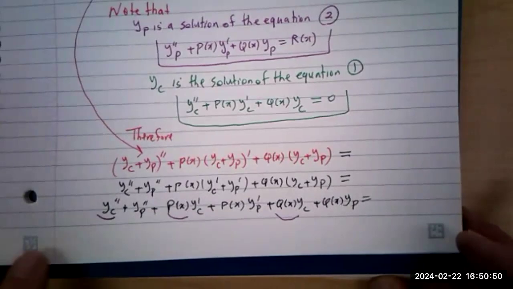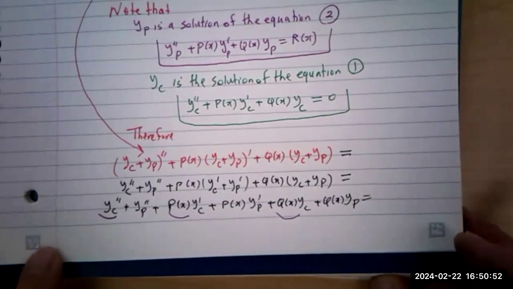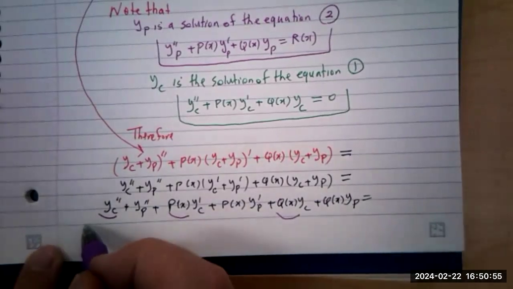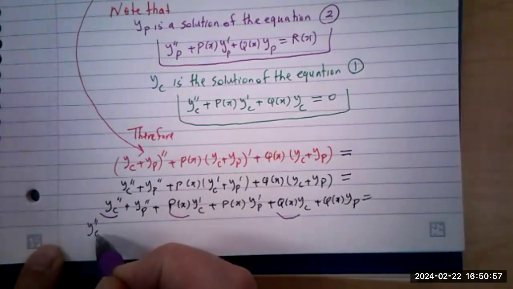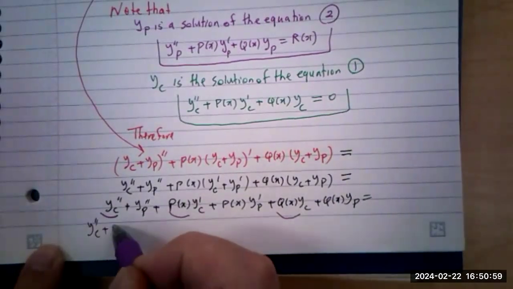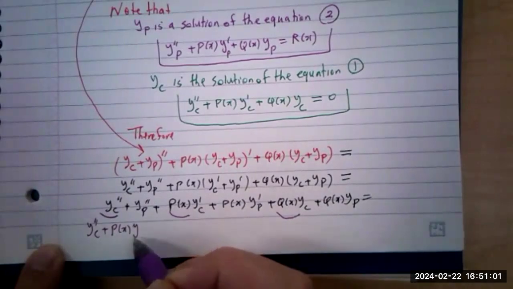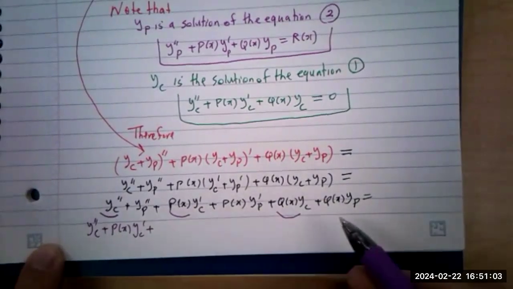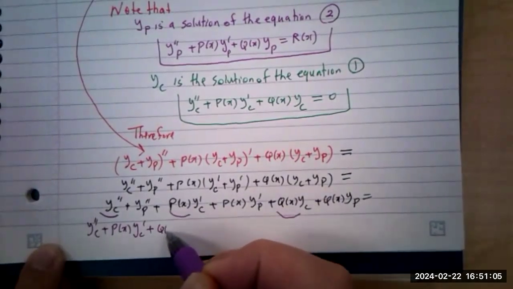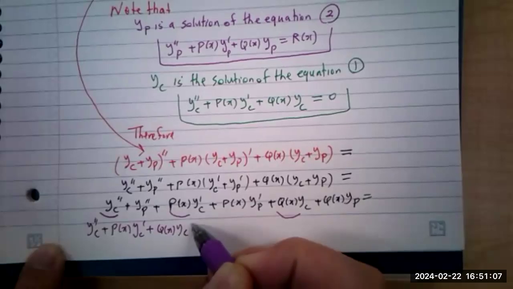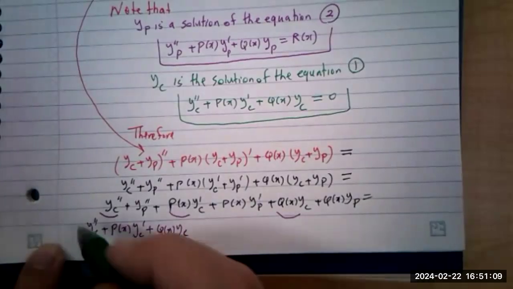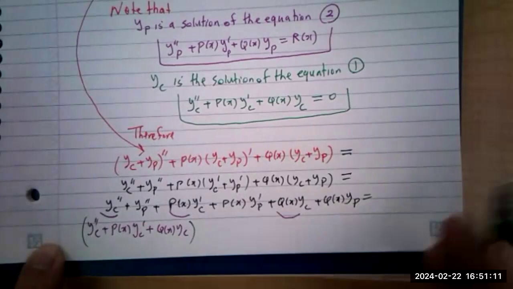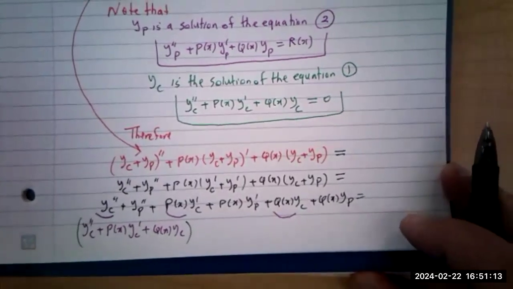So group these together. What are we going to have? If you group them together, that gives me y double prime of c plus p(x) yc prime plus q(x) yc. This is going to be the first group. Then the leftovers.